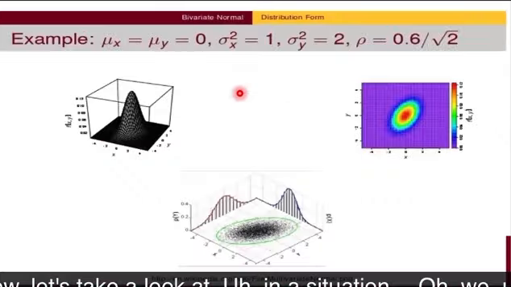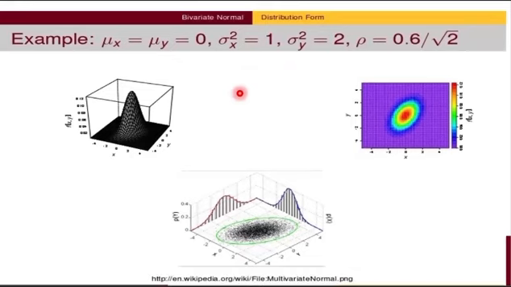Now let's take a look at a situation where I have the same value for mean. If the mean of x and the mean of y equal 0, and I have different variances, and the correlation is that, how is the shape going to look like? That's what you're seeing right now.